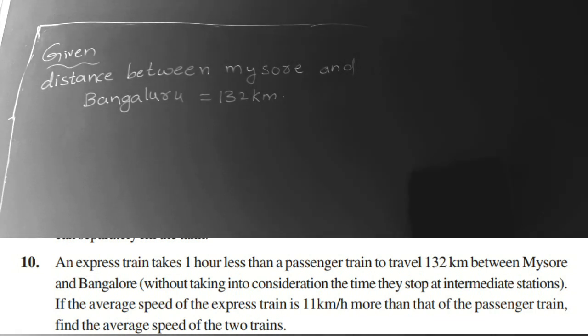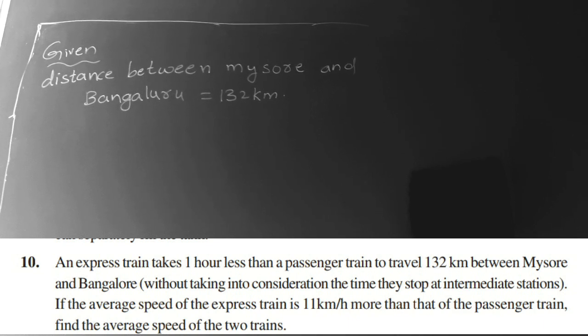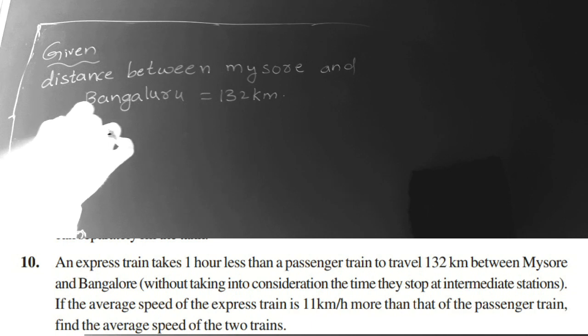So here two trains are running between Mysore and Bangalore. One is the express train, one is the passenger train.